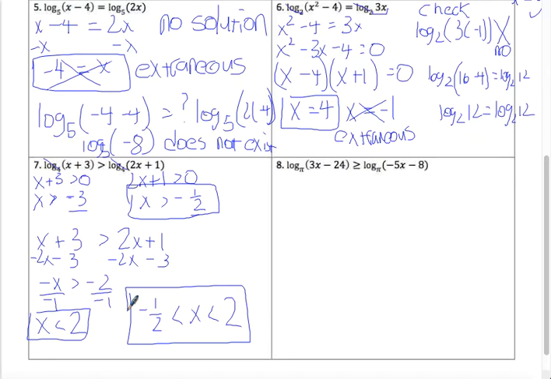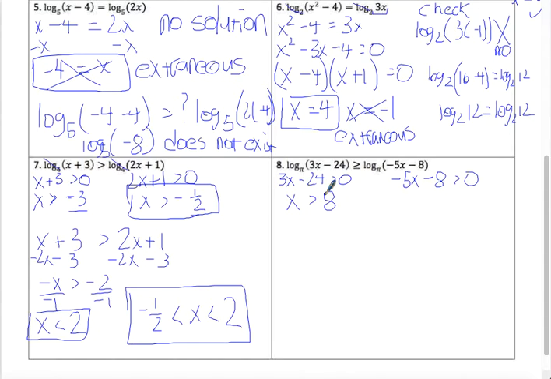All right, and same idea here. Both of these logs, first of all, must be positive. -5x minus 8 is greater than 0. So this one will give us x must be greater than 8.